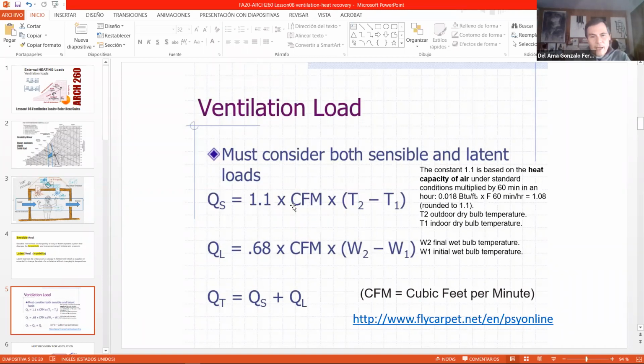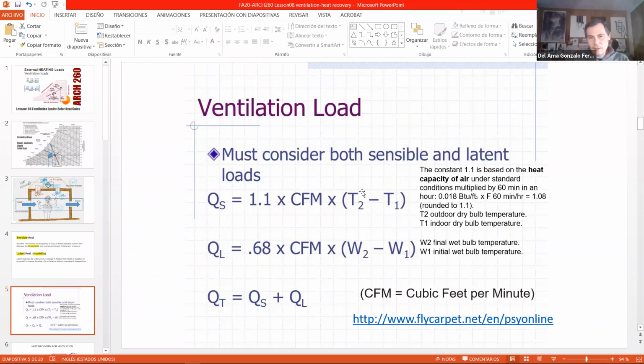We have some guidance, the ASHRAE and other regulations and building codes, they give us parameters. Okay, you need 20 CFM per person, or 15 CFM per person, or 18. Okay, and then we need to multiply this times the number of people.